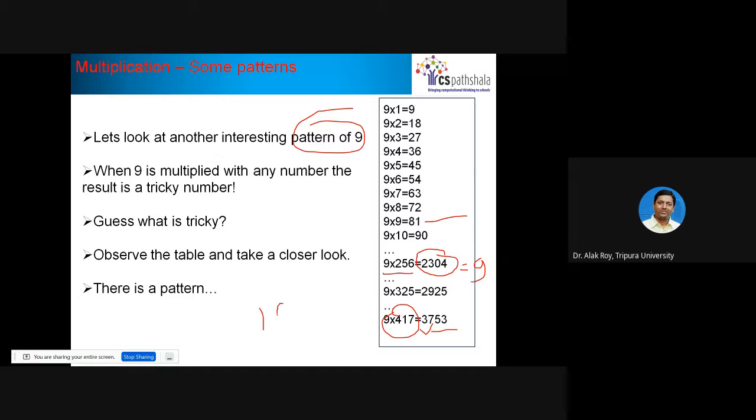So you got 18. Now add again, 8 and 1 equal 9.